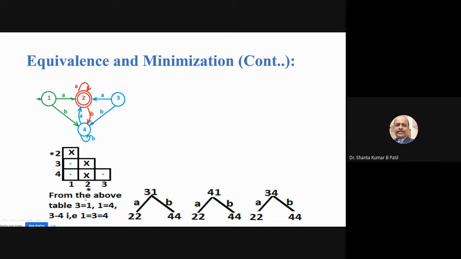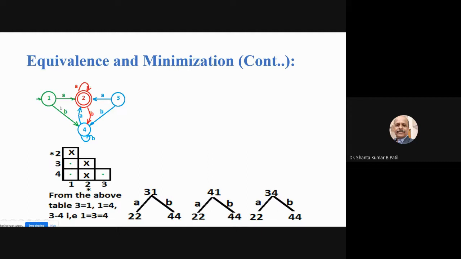Once you come to know from this dot mark that 3 is equal to 1 and 4 is equal to 1. So from this 3 is equal to 4. So 3 is equal to 1 and 1 is equal to 4. That means 3 is equal to 4. That is 1 is equal to 3 is equal to 4.